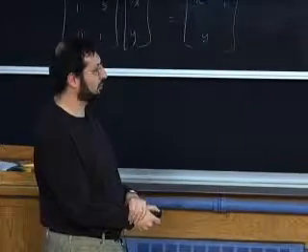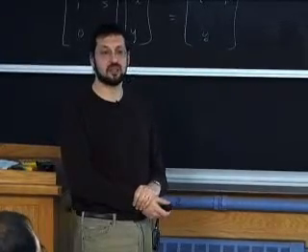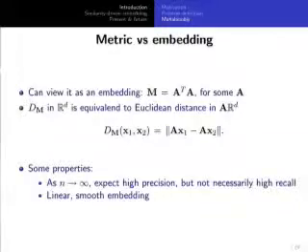The reason for that is you can think of this Mahalanobis metric learning as learning an embedding of the data. That's perhaps not the most natural way to think about it, but it is the underlying structure. Since it's a positive semi-definite matrix, you can break it down into the product of a matrix A and its transpose.